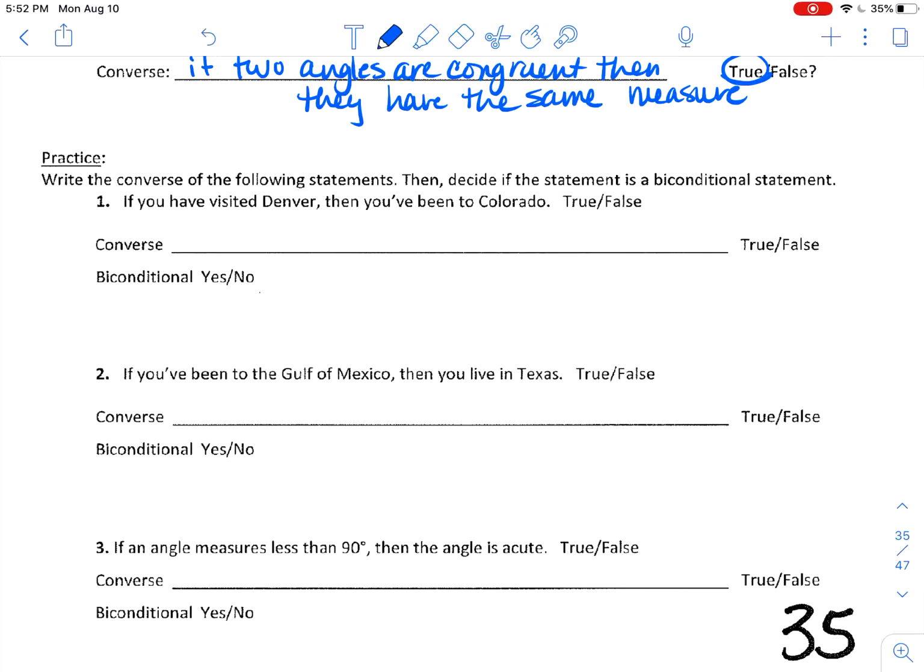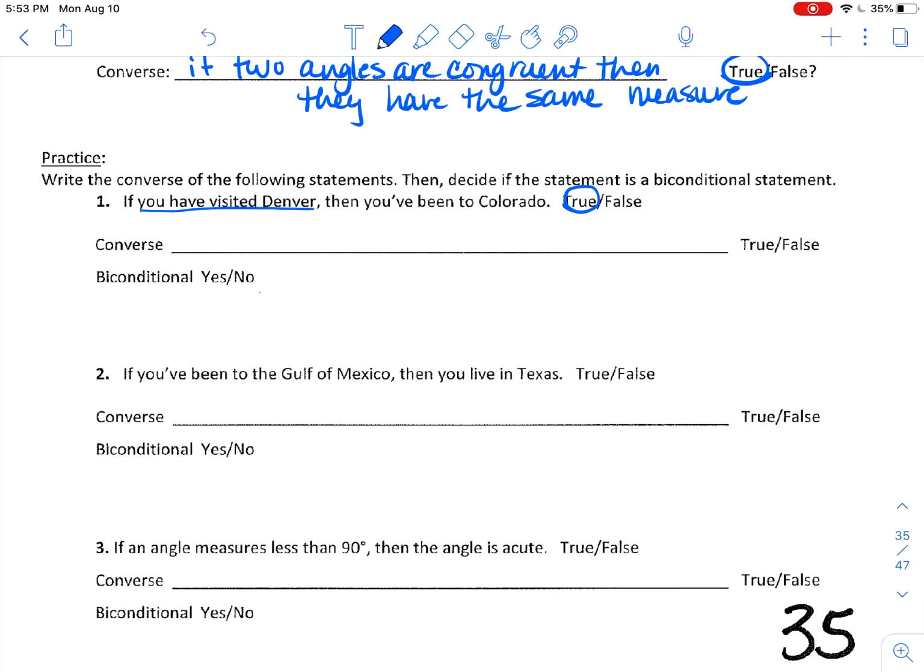Now let's practice. Go ahead and pause the video and work through these 3, and then come back and check your answers. Okay, number 1. If you visited Denver, then you've been to Colorado. Well, that statement is true because Denver is in Colorado.